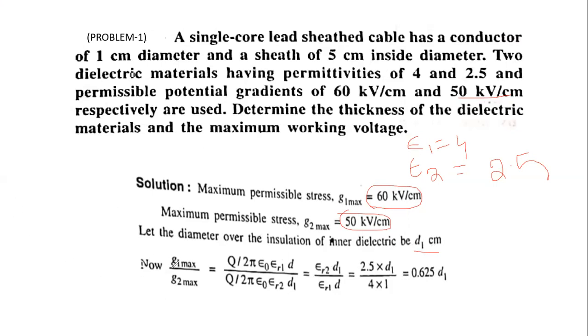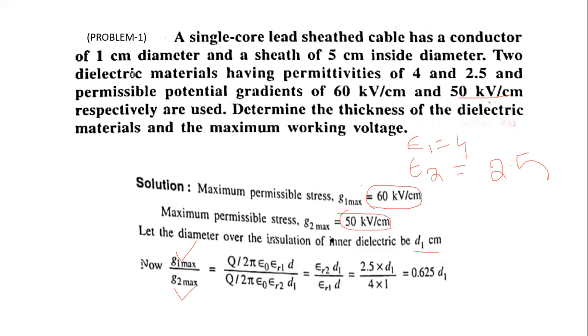Next, what is the relationship between G1 max and G2 max? G1 max by G2 max is equal to Q by 2 pi epsilon naught epsilon R1 D, divided by Q by 2 pi epsilon naught epsilon R2 D1, where D is the diameter of the conductor and D1 is the diameter of the inner sheath.